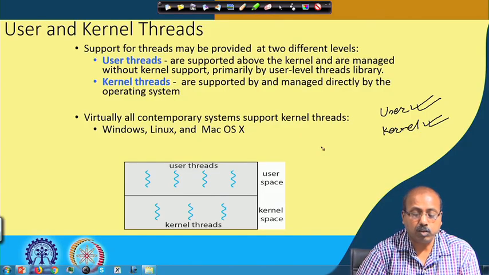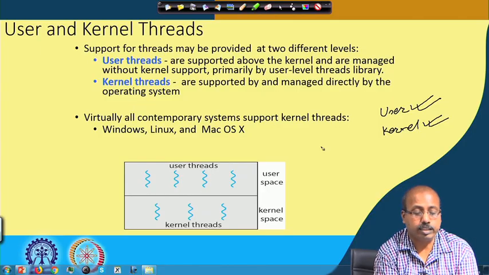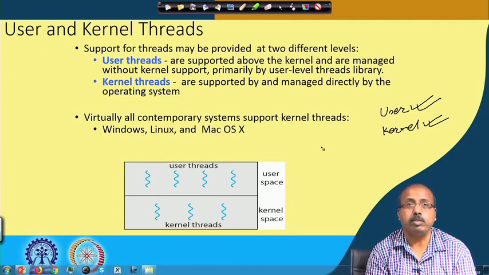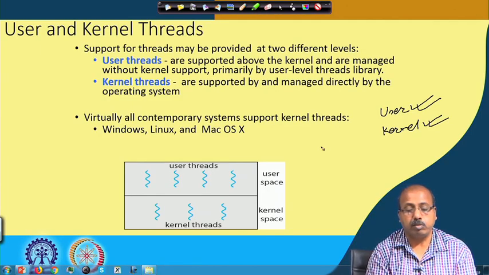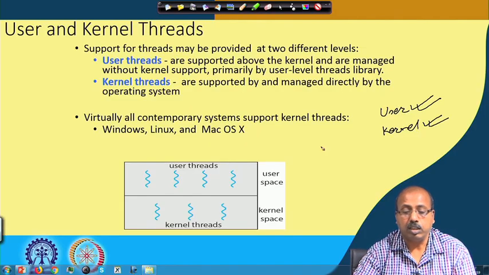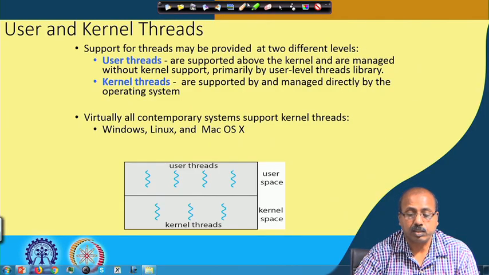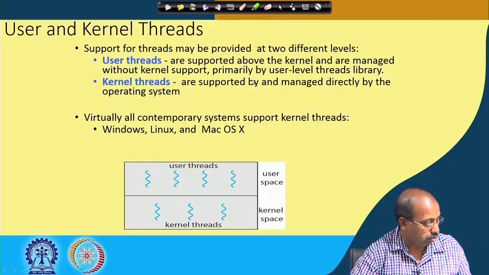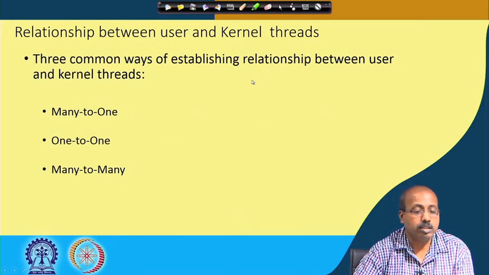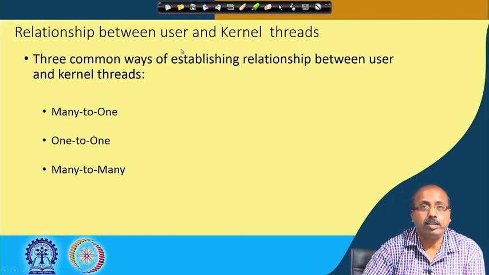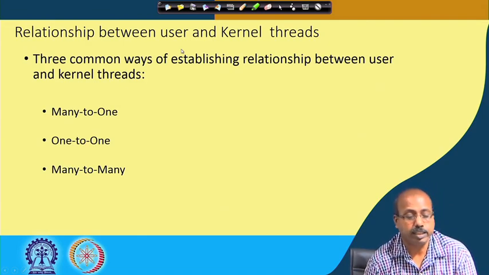Virtually all contemporary systems support kernel threads: Windows, Linux, Mac OS X. All these operating systems support kernel level threads. We will see how these things actually take place. There can be different types of relationship between the user and kernel threads.